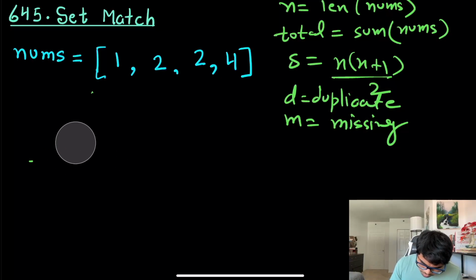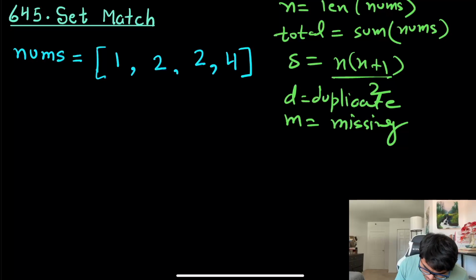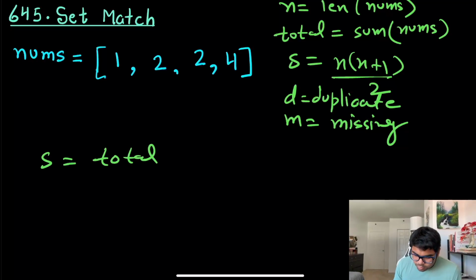If this s was supposed to be my total, because that was the range I was supposed to get, but I have one repeated value, d, and then one missing value, m. So I will subtract this duplicate value and add the missing value. This is perfect.